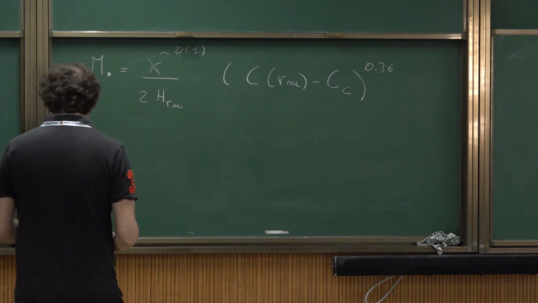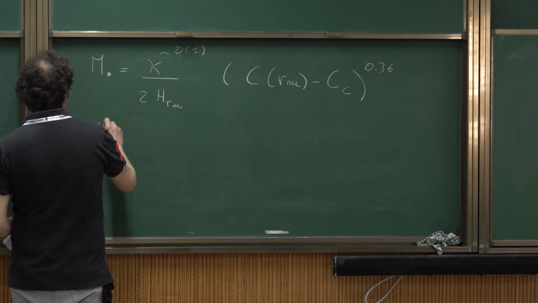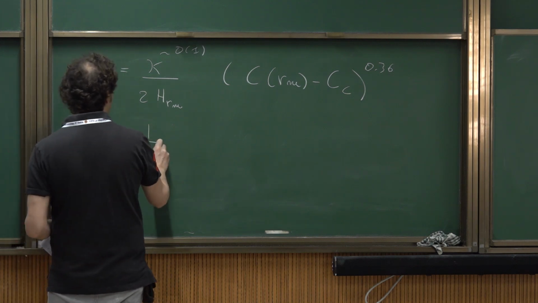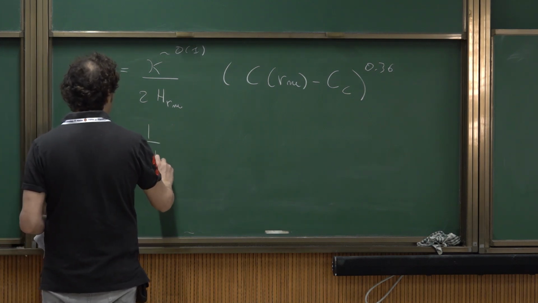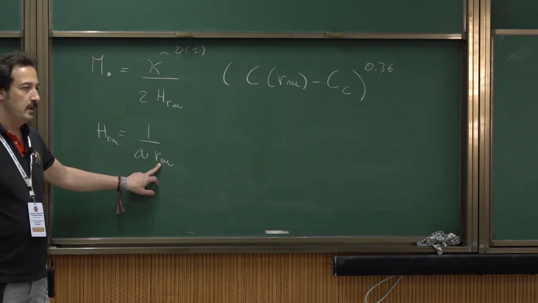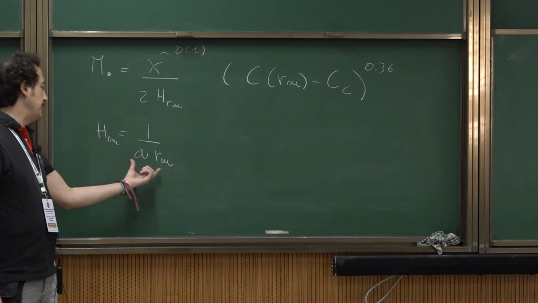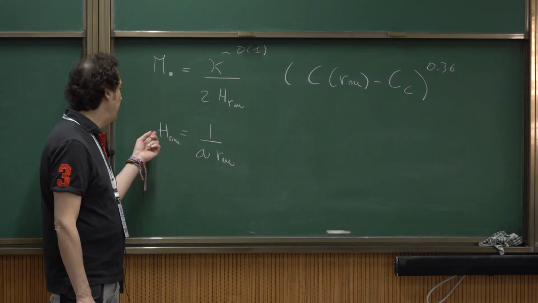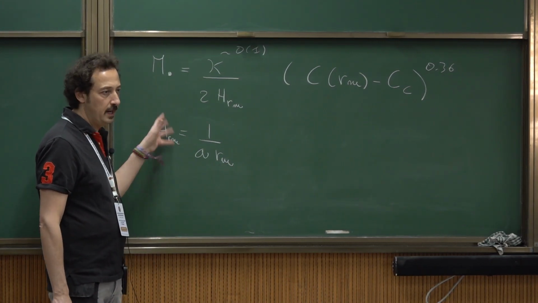Okay. So what is HRM? As I said, it is H at the scale Rm, which is defined as the horizon crossing scale, when the physical scale, which is the scale factor multiplied by Rm, is equal to the Hubble horizon, the Hubble radius.